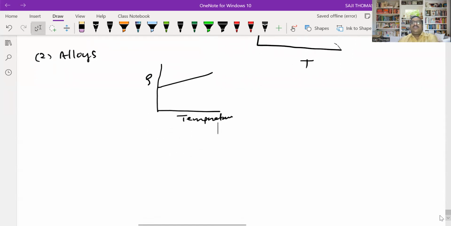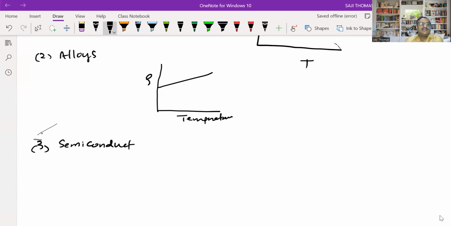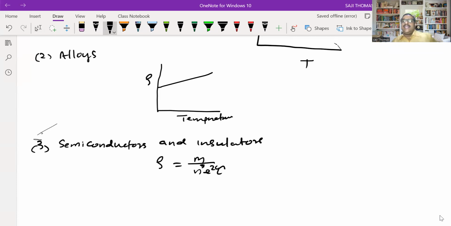Now we discuss insulators and semiconductors. We can use this equation: rho equals m by n e square tau. For semiconductors and insulators, n is the number density of electrons, the number of electrons per unit volume.